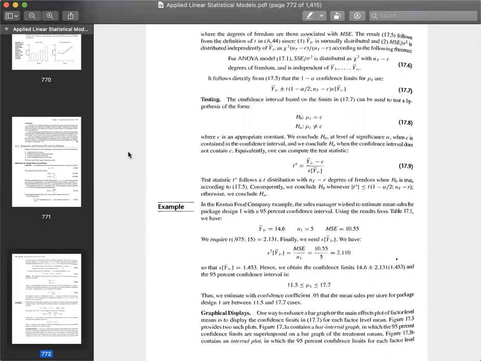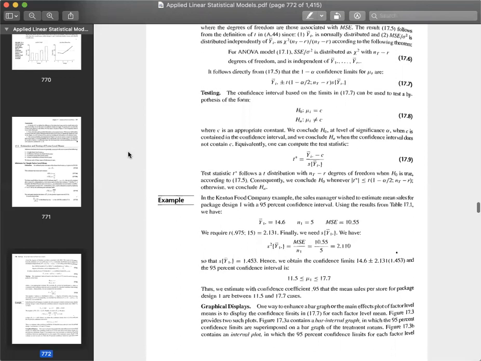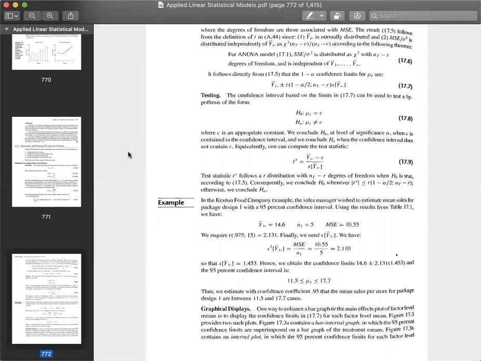The result follows from the definition of t, since yi bar dot is normally distributed and MSE over sigma squared is distributed independently of yi bar dot as chi squared of nt minus r over nt minus r, according to the following theorem. For the ANOVA model, SSE over sigma squared is distributed as chi squared with nt minus r degrees of freedom and is independent of y1 bar dot through yr bar dot.